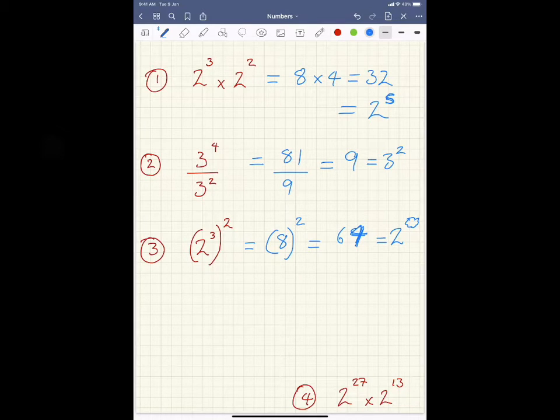No, not 32. 2 to the 6, should we try it? 2, 4, 8, 16, 32, 64. 2 to the 6 is indeed 64. So this is 2 to the 6.